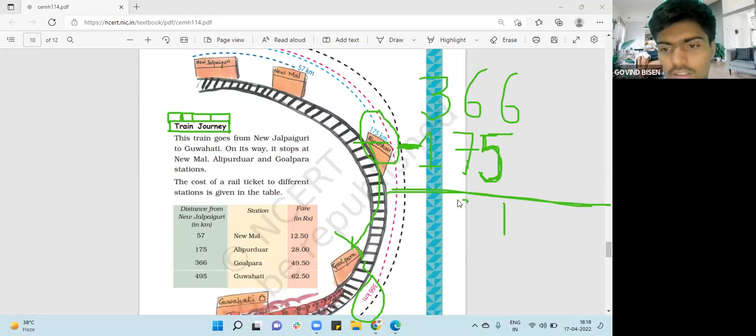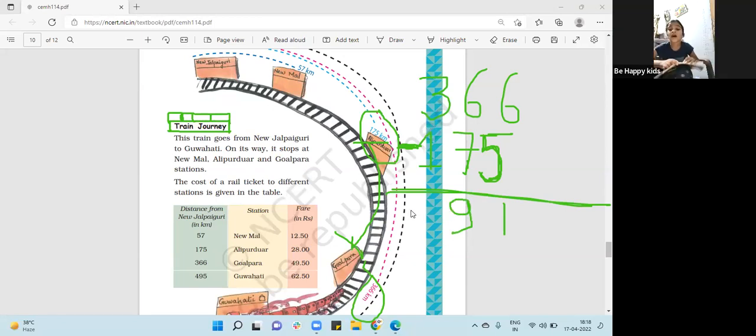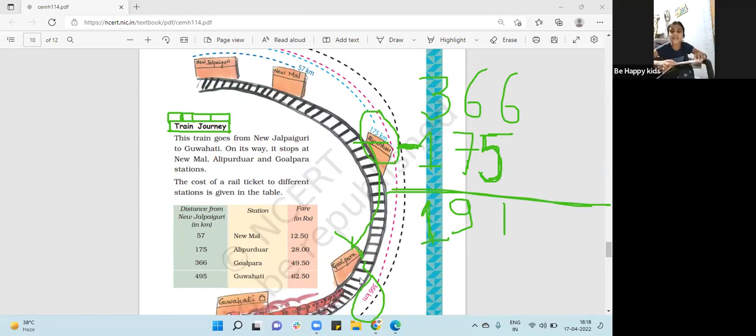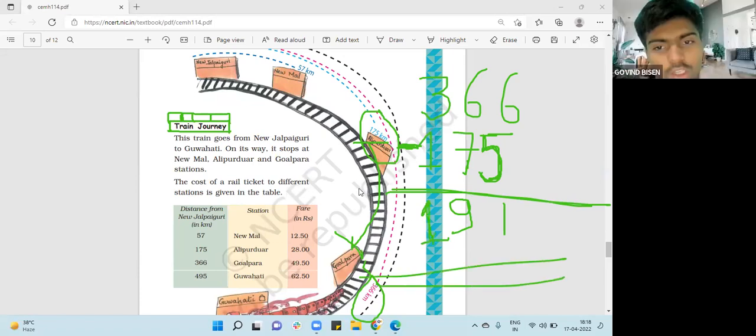Okay, it's good. This 9. Yes, sir, I got the answer. So what is the answer? 191. Okay, good. So 191 kilometers is the distance between which two stations?